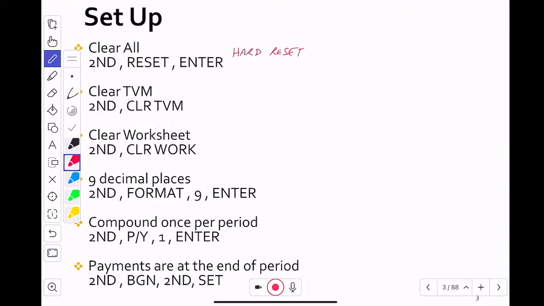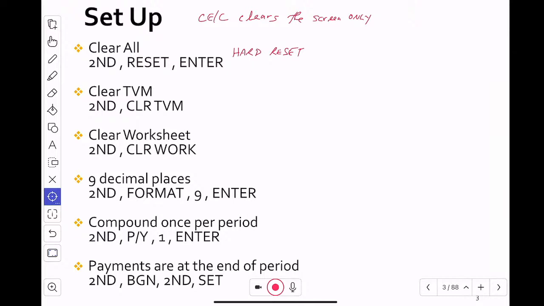Just to make a note, the CE/C just clears the screen only.